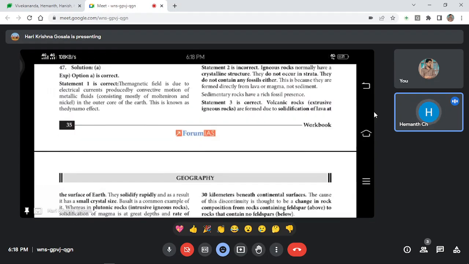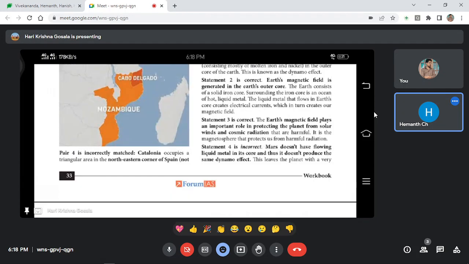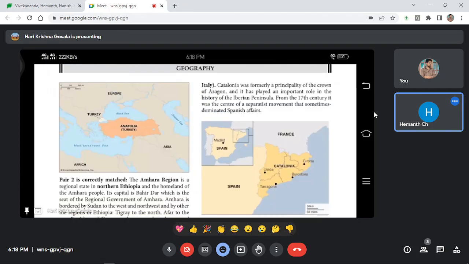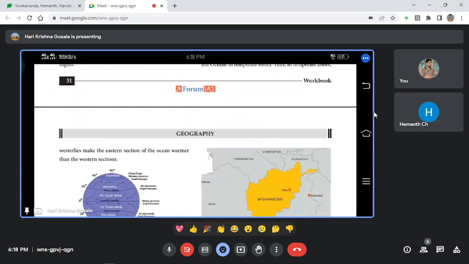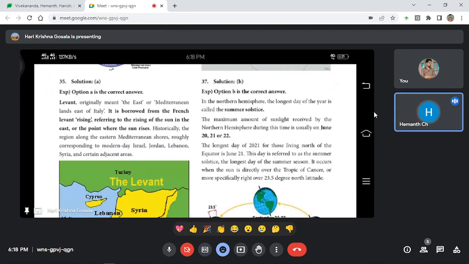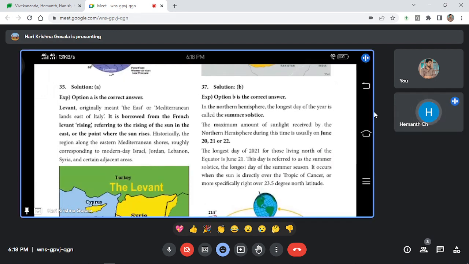Levant originally meant the east, or the Mediterranean lands east of Italy.